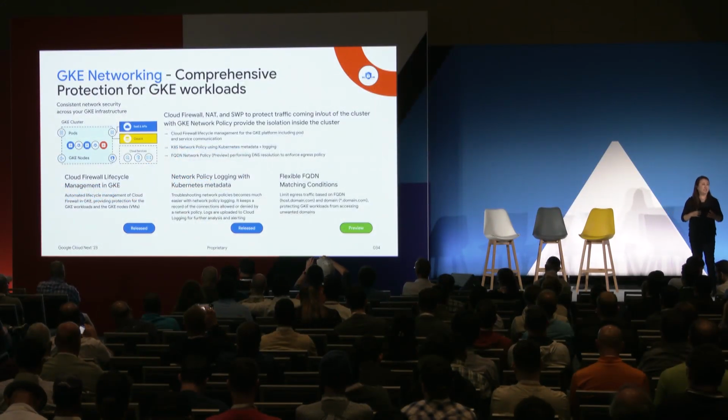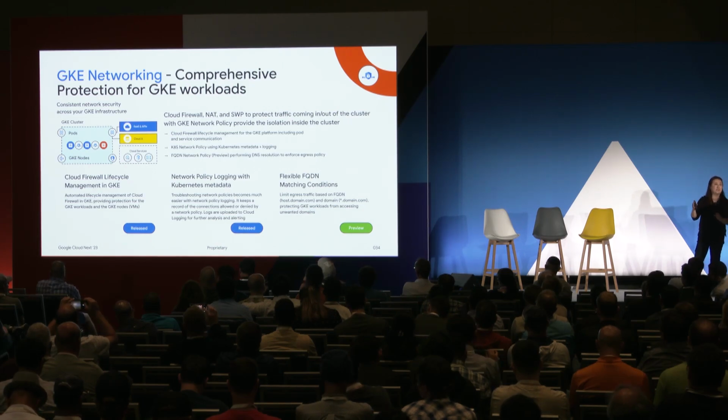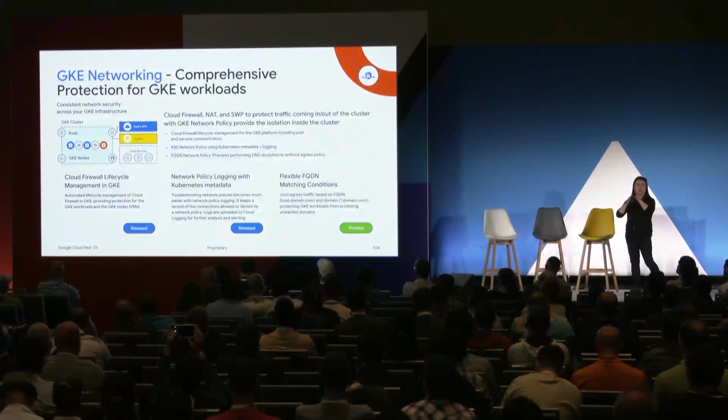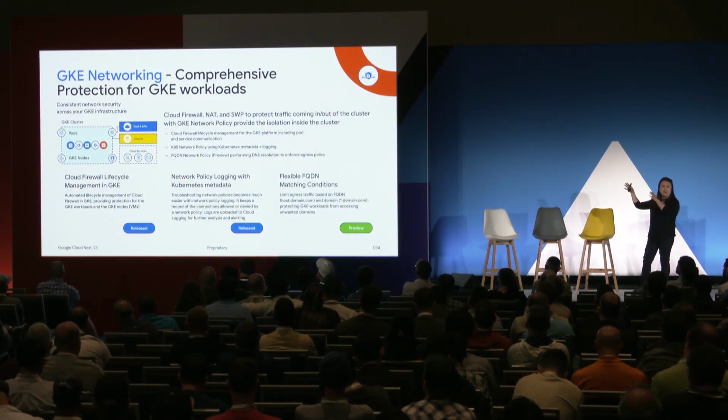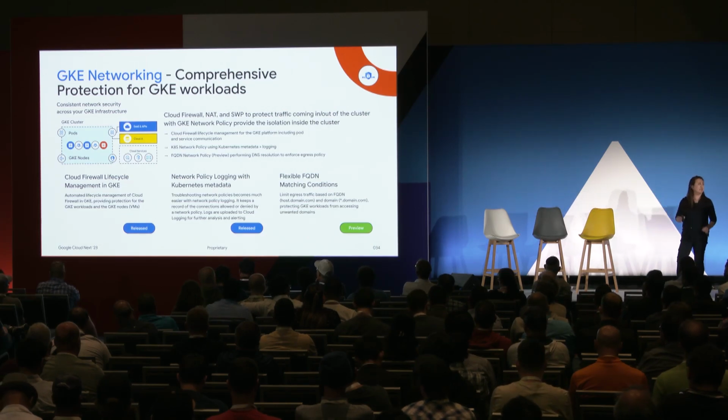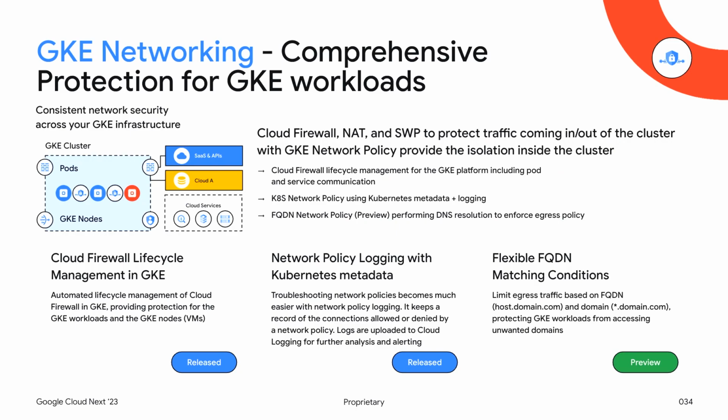We've added the FQDN for both the host name and the domain name, which makes it possible for us to protect the GKE workloads from accessing unwanted domains. In the picture, all the pods in red are not accessible, because they're in namespace red. Those are the things that we have done for GKE. Both of them are released, but the FQDN one is in preview.